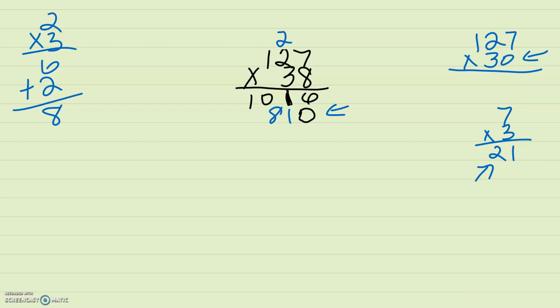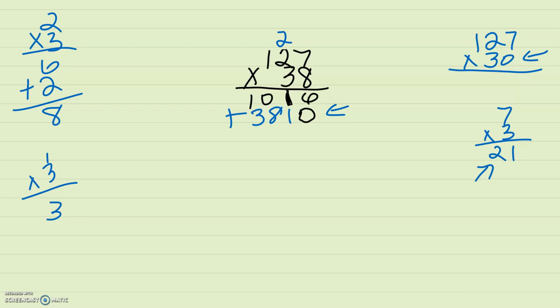And then we have to multiply 1 times 3, and 1 times 3 is 3. All right, now we must add these 2 partial factors.